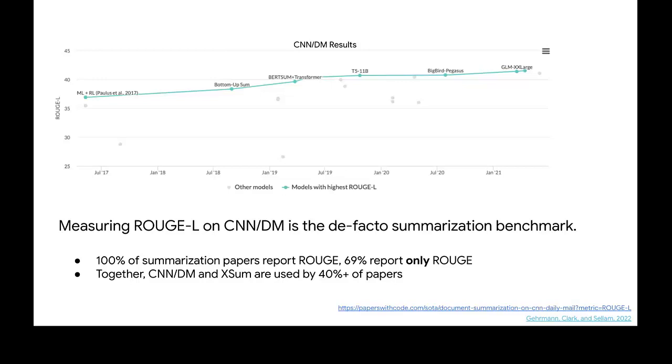In the survey I just mentioned, we found that 100% of summarization papers we looked at reported Rouge, almost 70% only report Rouge, and together the two most popular summarization datasets, CNN Daily Mail and XSUM, are used by over 40% of papers. So I think it's not controversial to claim that Rouge L on CNN Daily Mail is the de facto summarization benchmark. You can see over time our scores are getting better, and we just assume that this is equivalent with progress on the summarization problem.